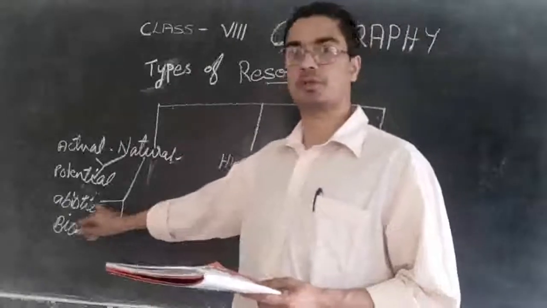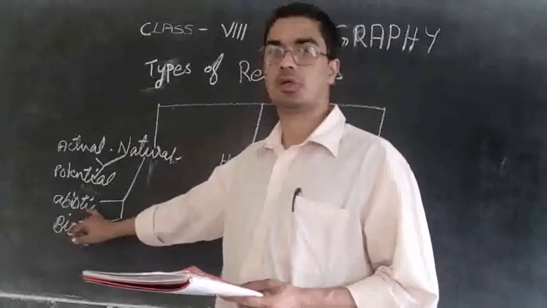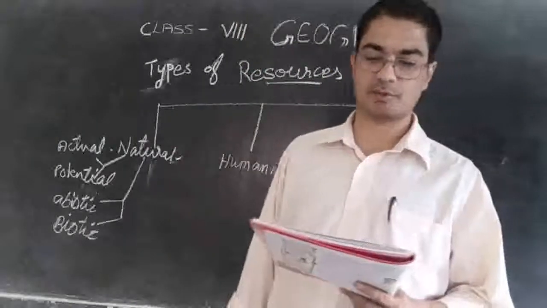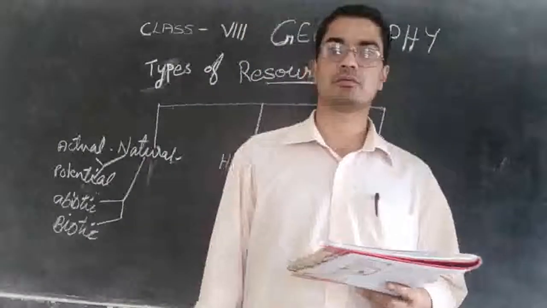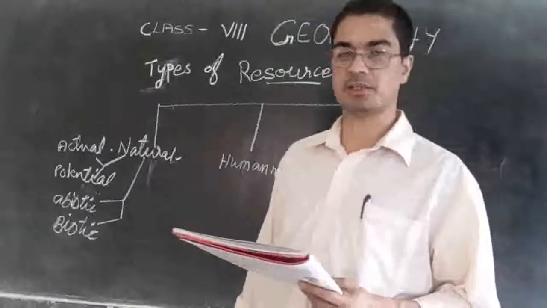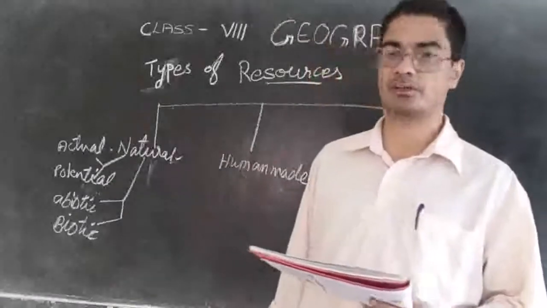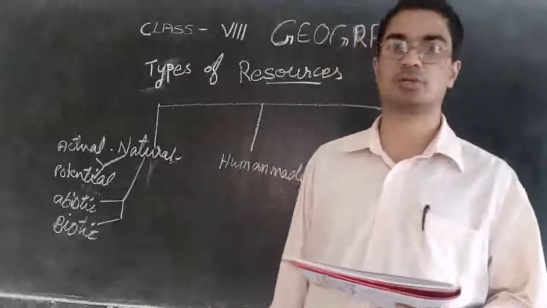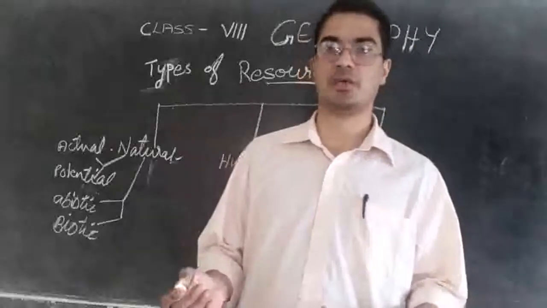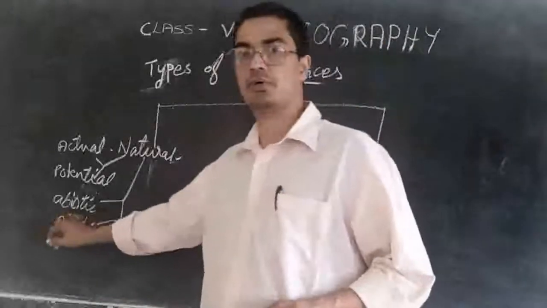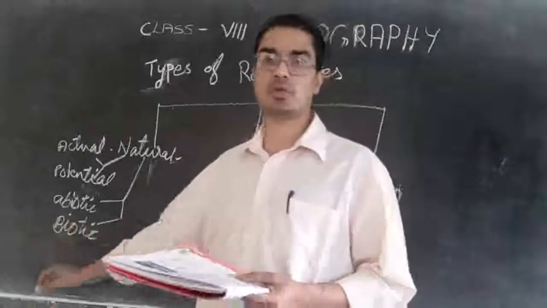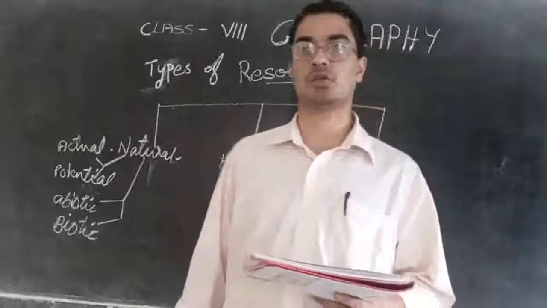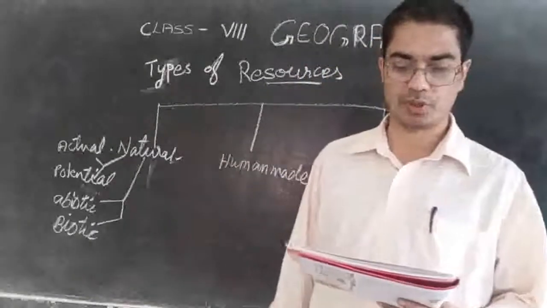That is the main difference: abiotic is not having life, biotic means having life. For example, soil, rock, and minerals are abiotic. They have no life. Soil, minerals, rock, all of these are without life, therefore they are called abiotic.